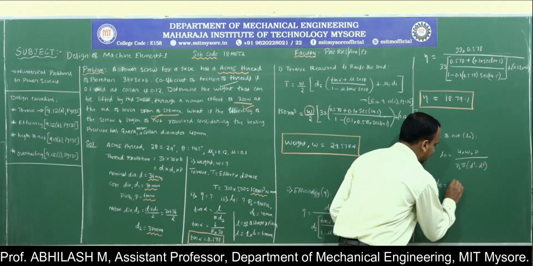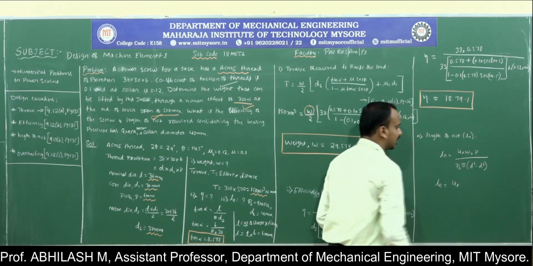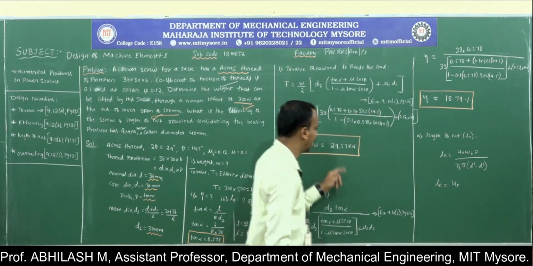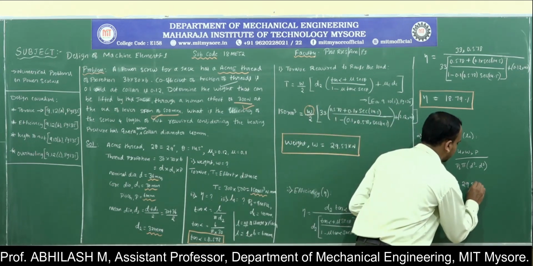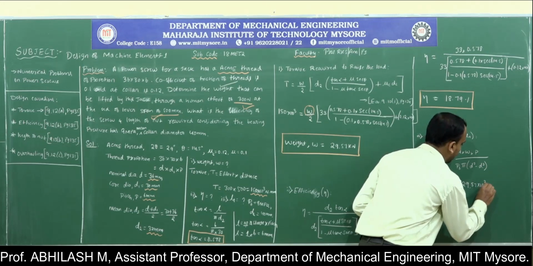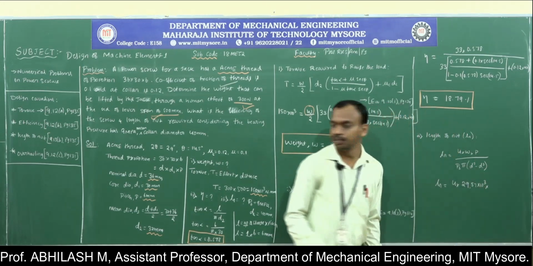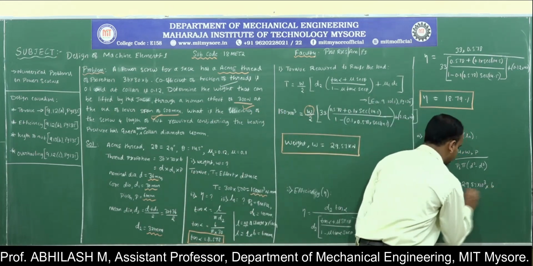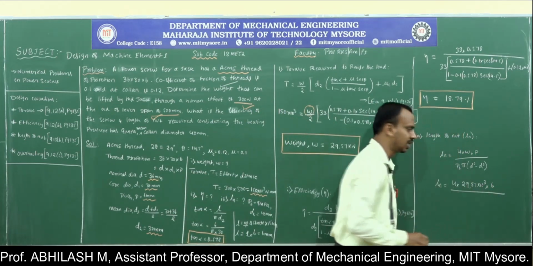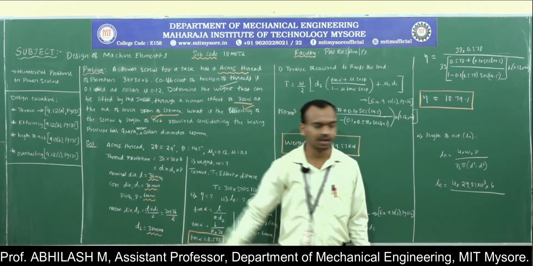So the length of the nut is equal to 4 into, what is the weight? We have calculated the weight, 29.57 into 10 to the power of 3, into pitch. The pitch for the given problem is 6 millimeter. It is 6 divided by the bearing pressure, 9 megapascal, given in the problem.